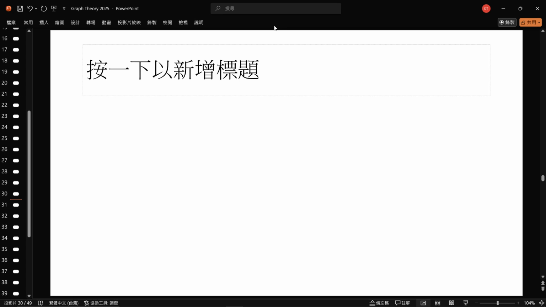So the problem we considered last week is that given a degree sequence, we have to determine whether this degree sequence is graphical or not. And we have a very simple algorithm for this question. If the degree sequence is graphical, then we can construct a graph that realizes the degree sequence.